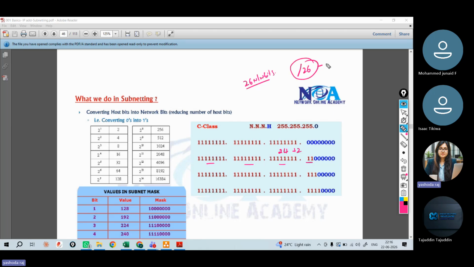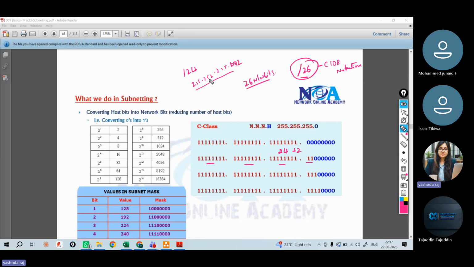This slash 26 is called CIDR notation. By default the subnet mask is 24, but the converted network bits here are 2. So 24 plus 2, instead of representing the subnet mask as 255.255.255.0, I am representing it in this manner. Clear?